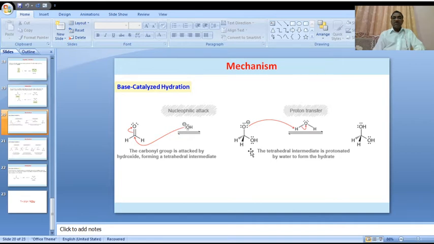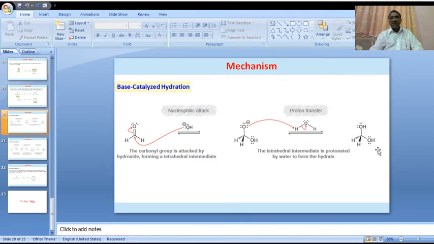The negative charge, O minus, immediately abstracts hydrogen from a water molecule in the second step. Here please observe. The tetrahedral intermediate is protonated by water to form the hydrate.